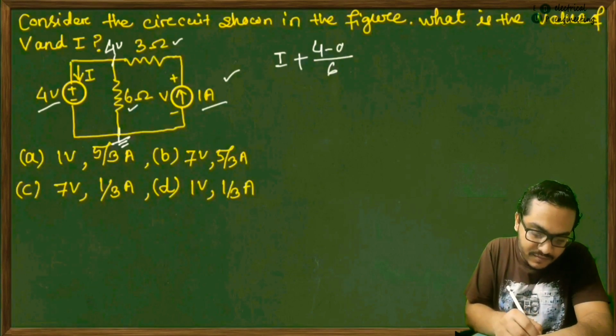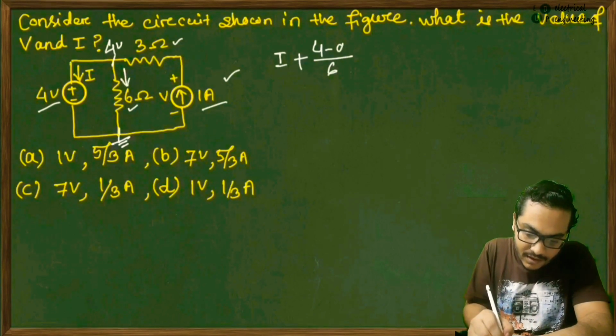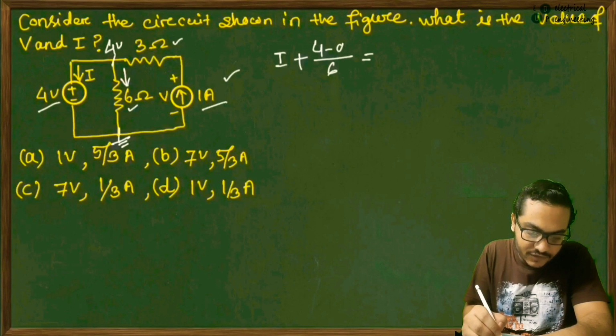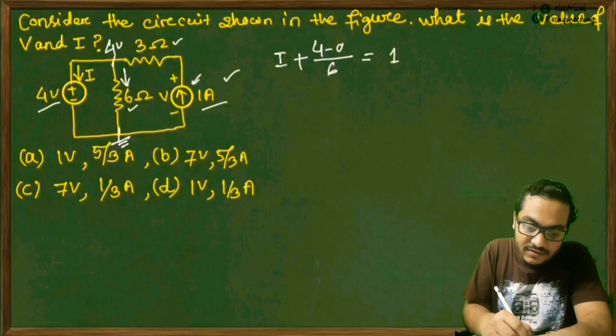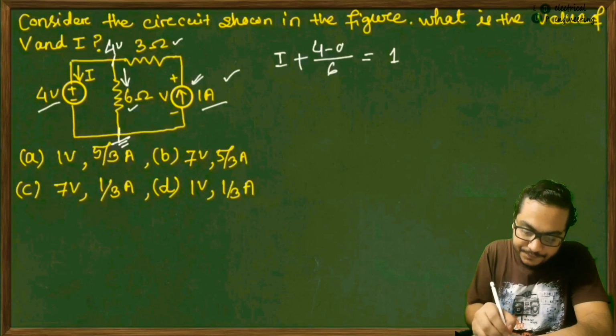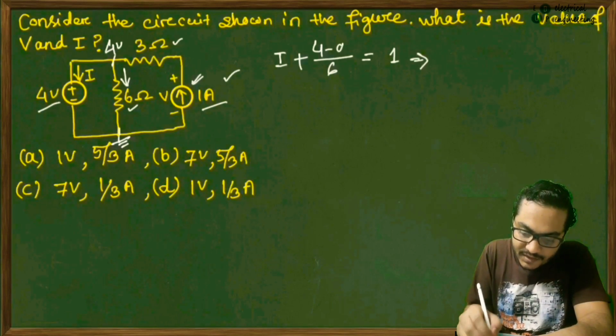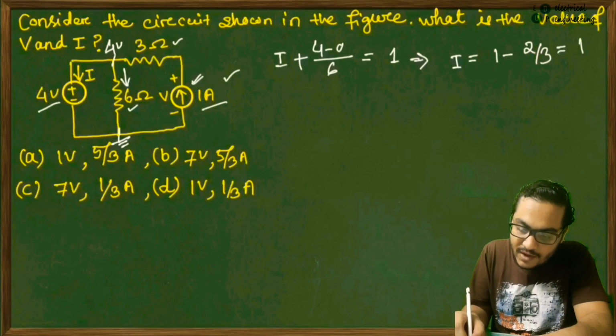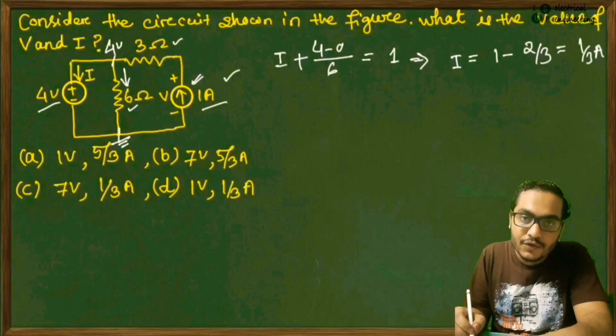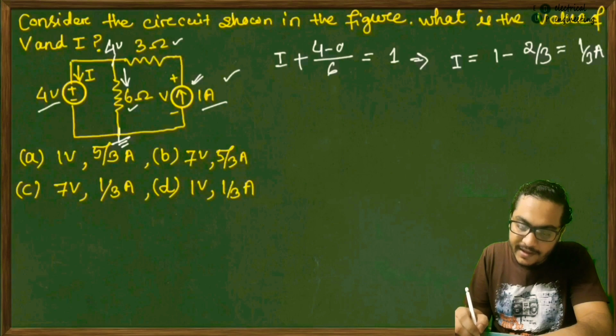The current entering this node is this 1 ampere current. This implies that I equals 1 minus 2 by 3, so this is 1 by 3 ampere. So the value of I equals 1 by 3 ampere, that is the current that flows through this voltage source.